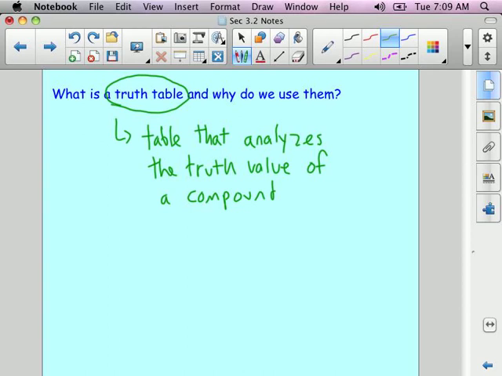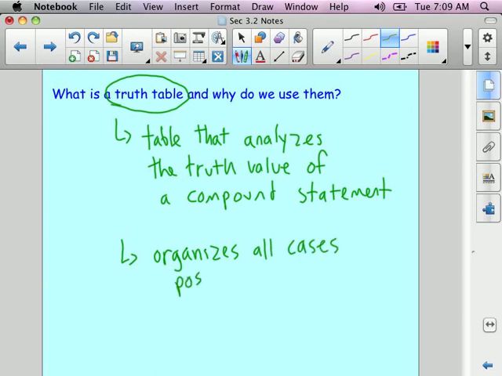And by a truth value, I'm going to write this here. Truth value is basically saying, is the statement as a whole true or not true? So a truth table is going to be a very useful way of doing this because it shows you all possible cases. It organizes everything. So it organizes all cases possible.